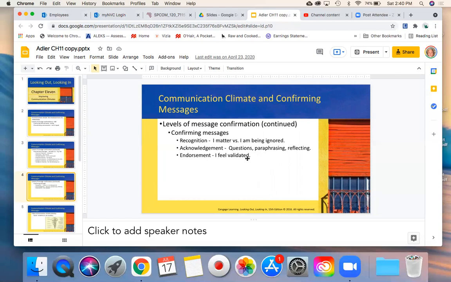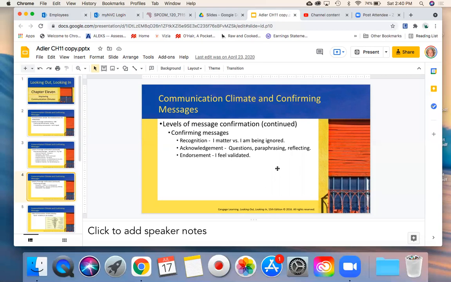Okay, confirming messages. Still on the level of communication, what types of communication climate create confirming messages? Recognition, which gives that person the sense of I matter versus I'm being ignored. Acknowledgement: a person who's very interested will ask questions, paraphrase, and reflect on what you're saying, really take it in, deeply listening to you.